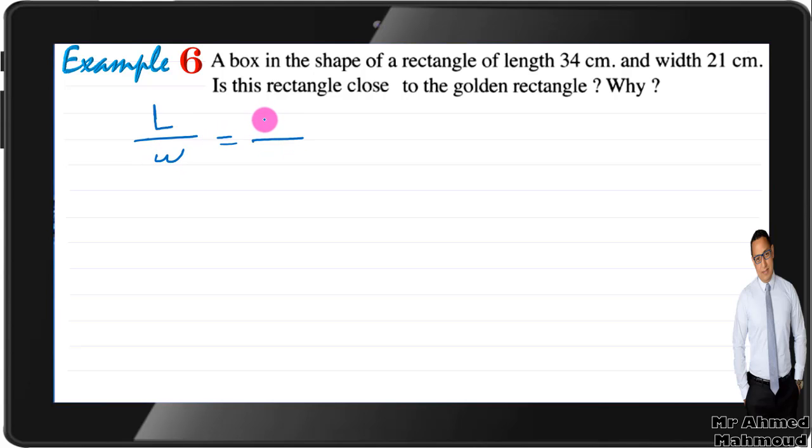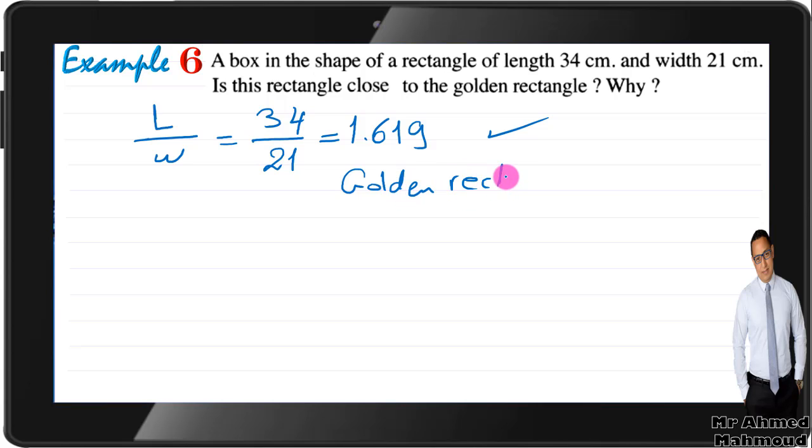The length equals 34 and the width equals 21. 34 over 21 equals 1.619 and so on. So this is close to a golden rectangle because the main ratio is 1.618 and this is very close to it, so it is a golden rectangle. And the reason is because the ratio is 1.619, which looks like the golden ratio.